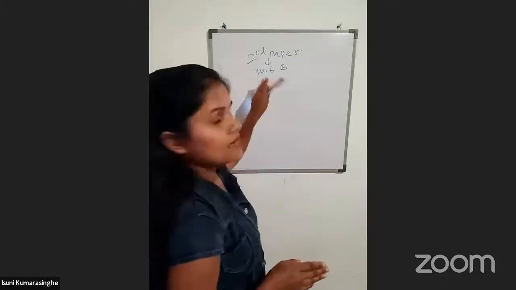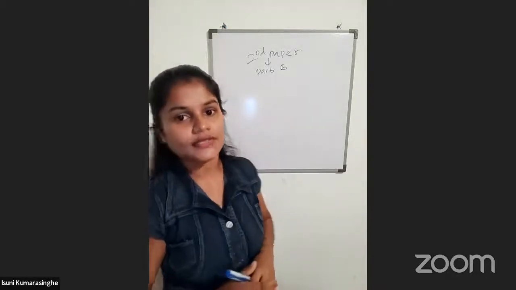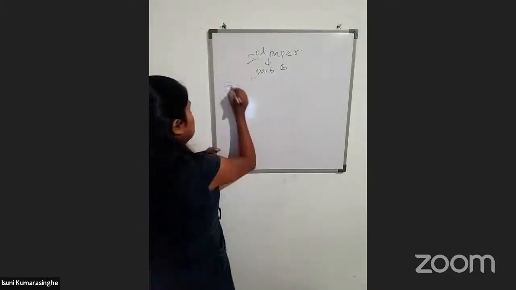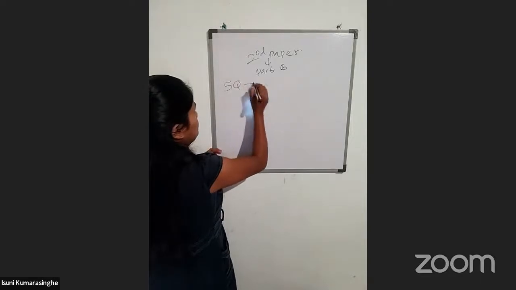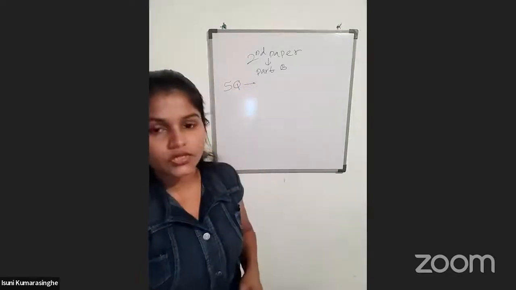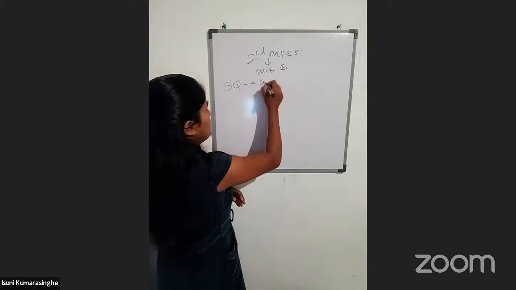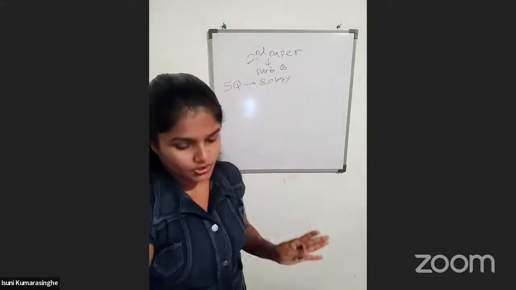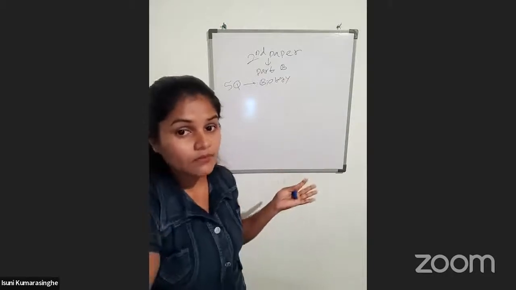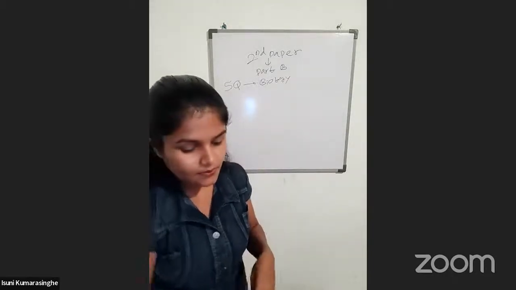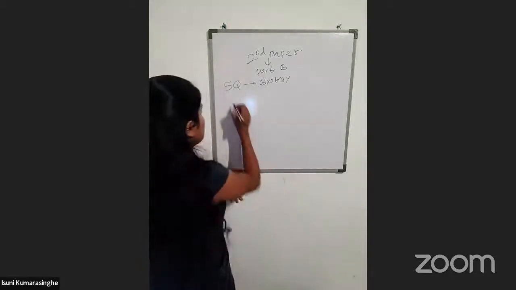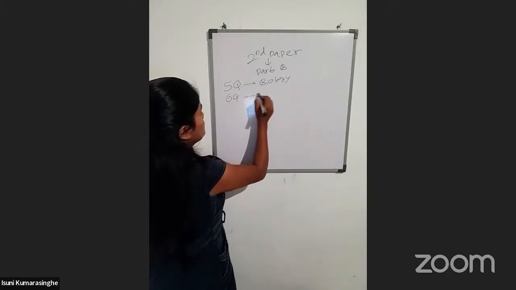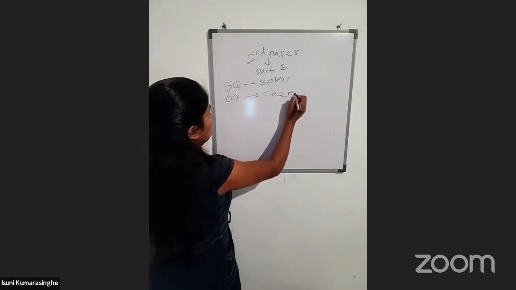Then part B starts from question 5. The 5th question normally comes from the biology part. Biology based question, it comes from the biology based lessons. And the 6th question normally comes from chemistry.